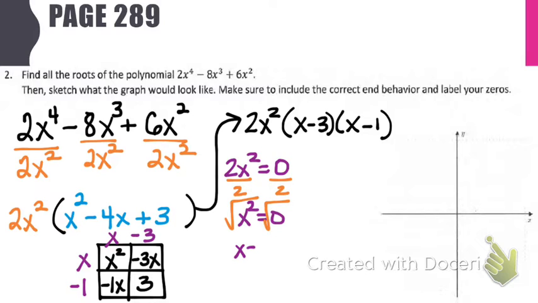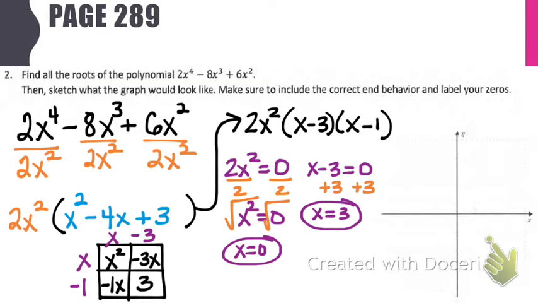Good. Now let's do the same thing with the other 2. X minus 3 equals 0, so I have to add 3. So that gives me x equals 3 as my second solution. And then lastly is x minus 1.